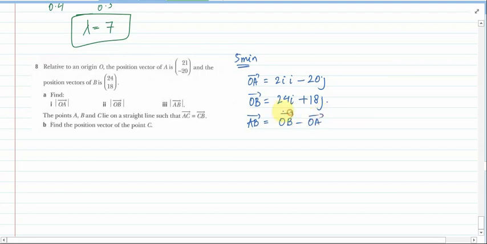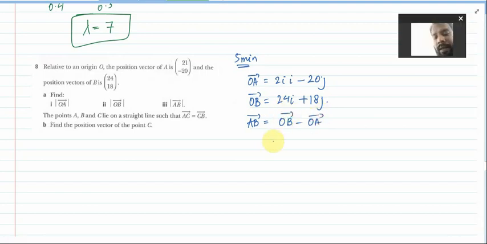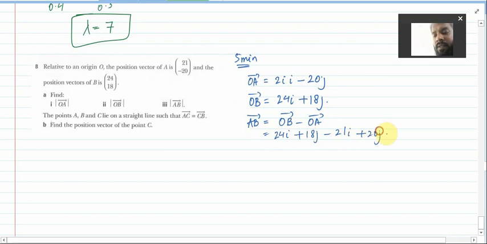Alright, the vector OB we have is 24i plus 18j minus (21i minus 20j). So 24 minus 21 is 3i, plus 18 plus 20 is 38j. Now we need to find the magnitude.